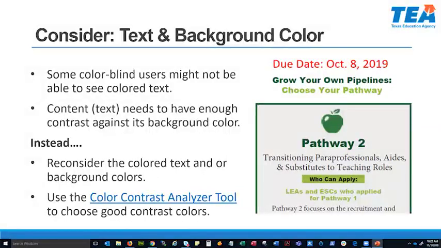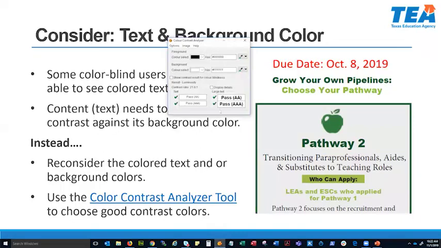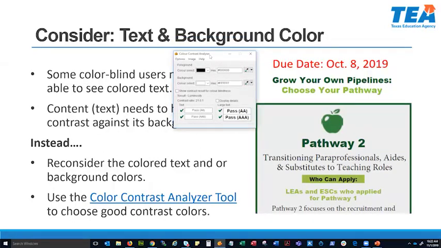What happens is, it's this application right here, and it's a free download. There are links on the presentation. You can grab your foreground color. So I'll pick this green, and then I'll pick the background, which is a gray.